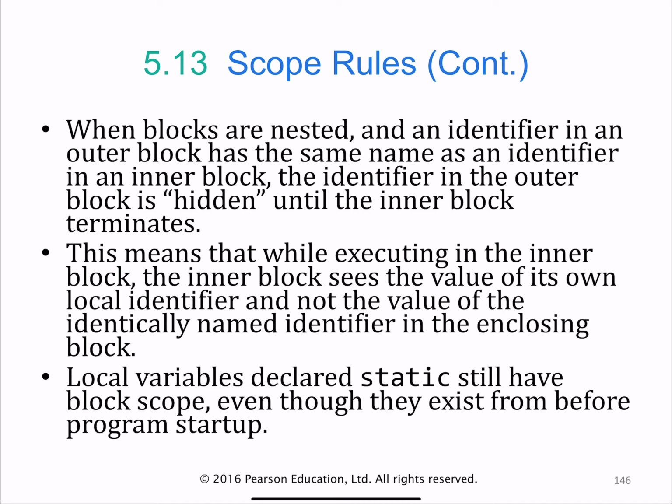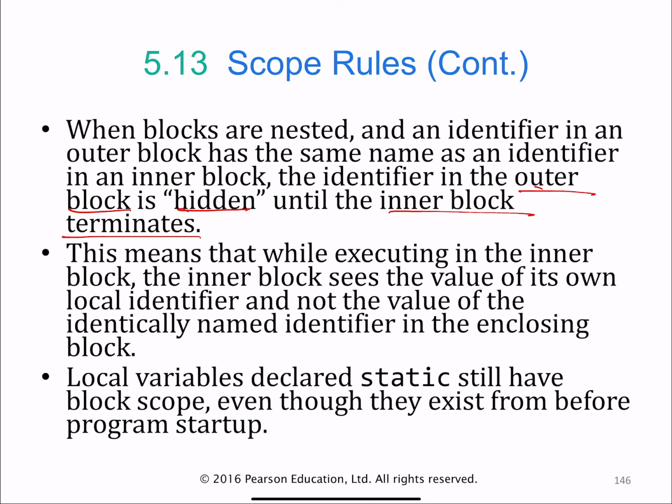If you nest blocks, kind of just like if you nest loops, loops are also blocks. So if you have nested blocks, and you define some identifiers in the outer block, those identifiers will be hidden until the inner block terminates.